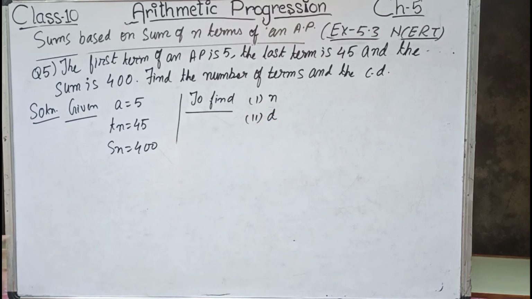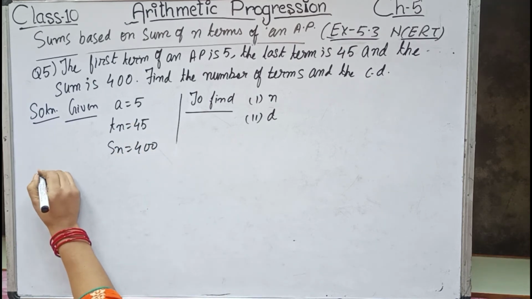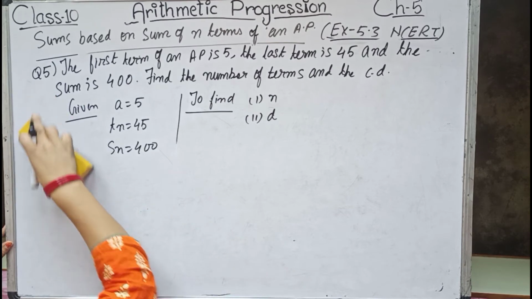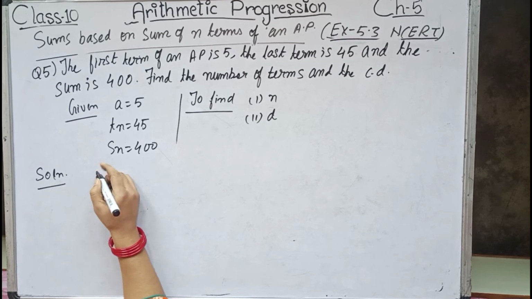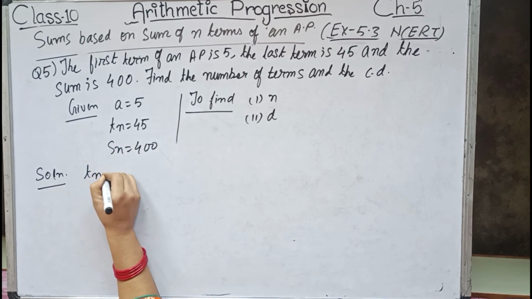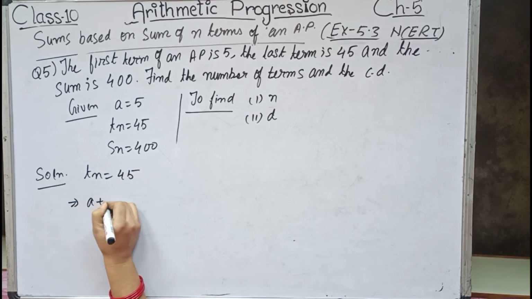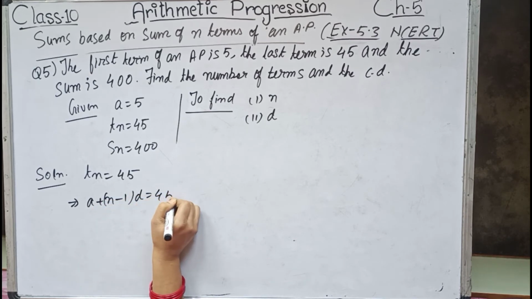So let us start. These are the 3 given parts, these are the required to find parts, and let us start the solution. So I am writing the solution over here. With A I cannot start, so let us start with TN. TN equals 45 implies A plus n minus 1 into D equals 45.